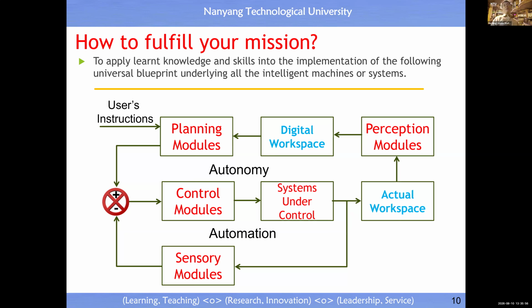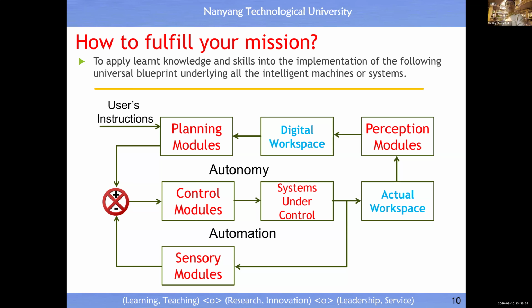Robotics is a course which helps you see whether you are able to consolidate what you have learned so far into the design of machines such as a robot. At least this slide helps you understand what courses you have to take as an MAE student.